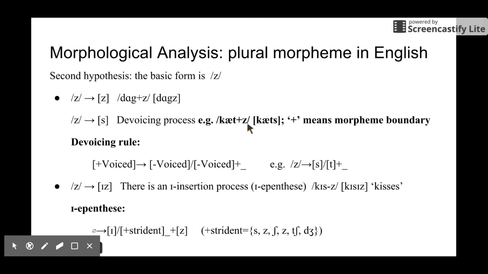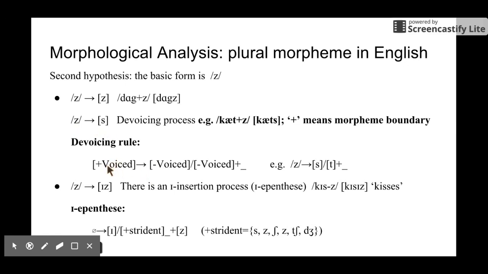And to account for this alternation in cats, we have z becomes s, right? Then we have to come up with a devoicing rule because we want to change z into s, right?